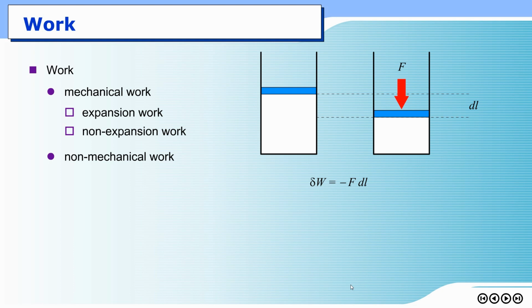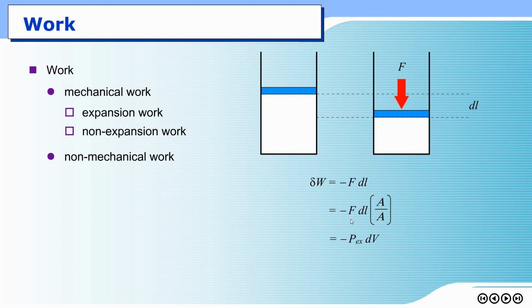Now if I multiply and divide by the cross-section area of this piston, the area is constant. We can put it inside the differentiation or outside the differentiation, it doesn't matter. The force divided by area gives you pressure, while the distance in the L direction multiplied by the cross-section area gives you volume.